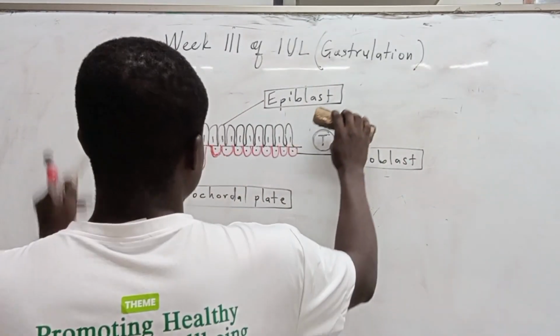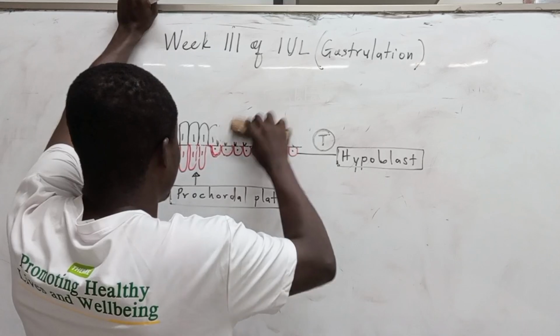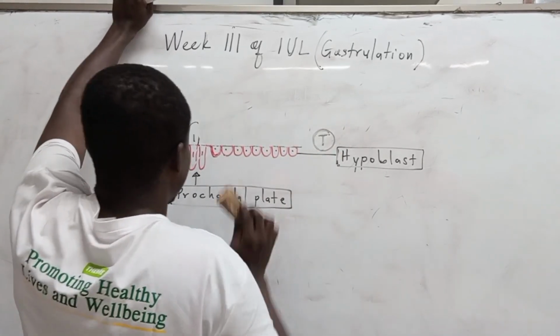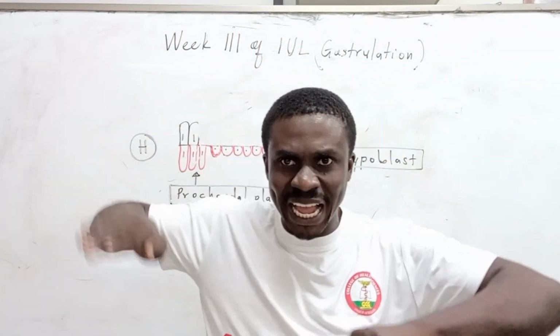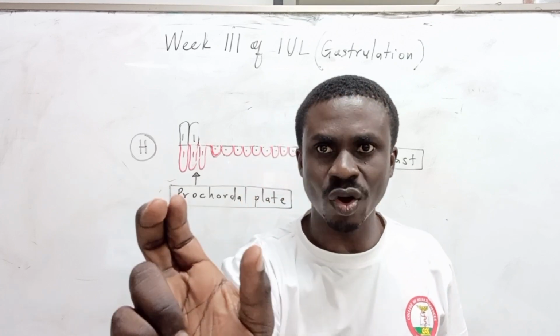So let me show you, by cleaning these areas, how the proliferation will take place. Now this proliferation is not taking place in the entire embryo. No, it's taking place in the midline of the embryo.